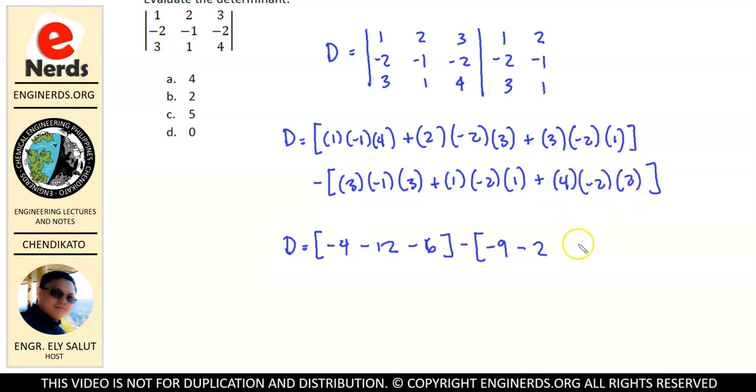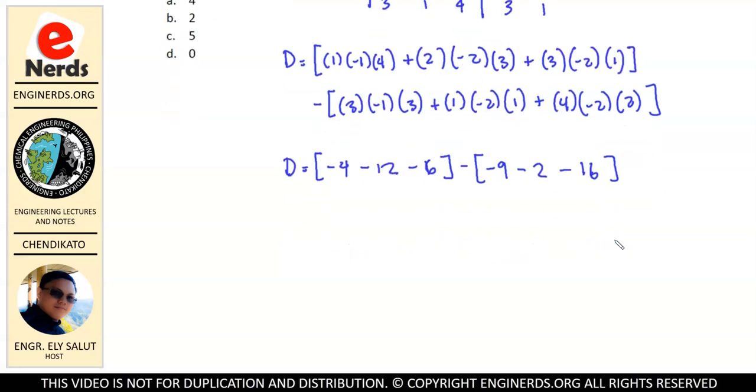Ano? So we have negative 16 in here. Okay? So from here, D is equal to negative 4 minus 12 minus 6 will be equal to negative 22. Then minus negative 9 minus 2 minus 16 will be negative 27.